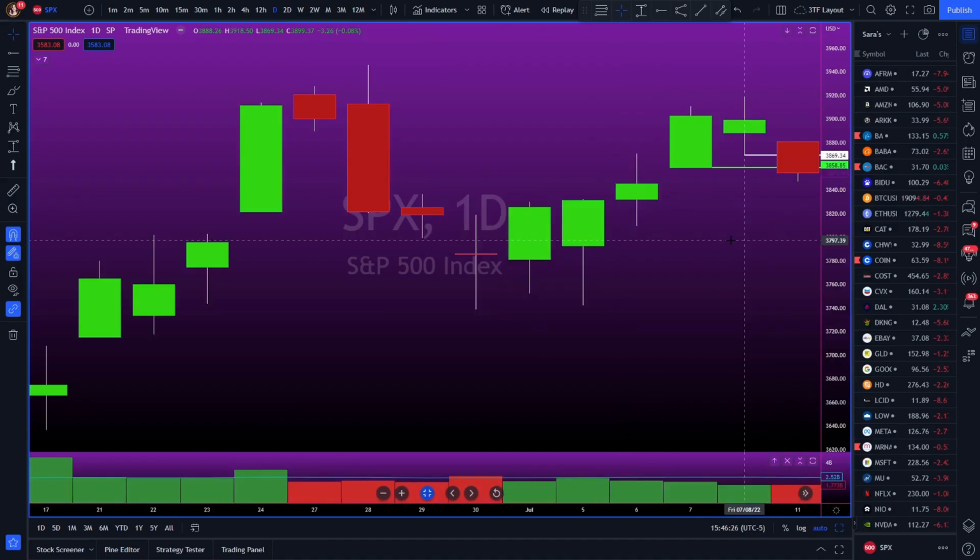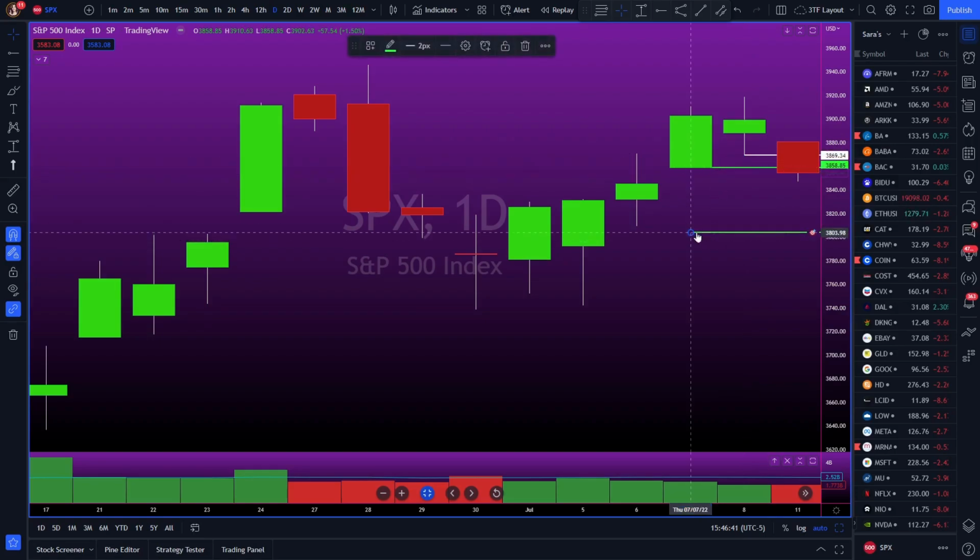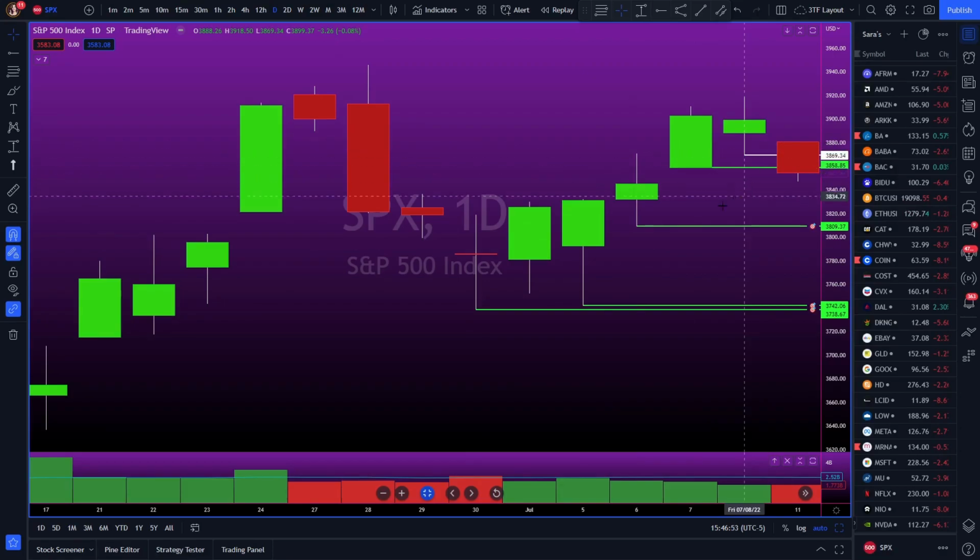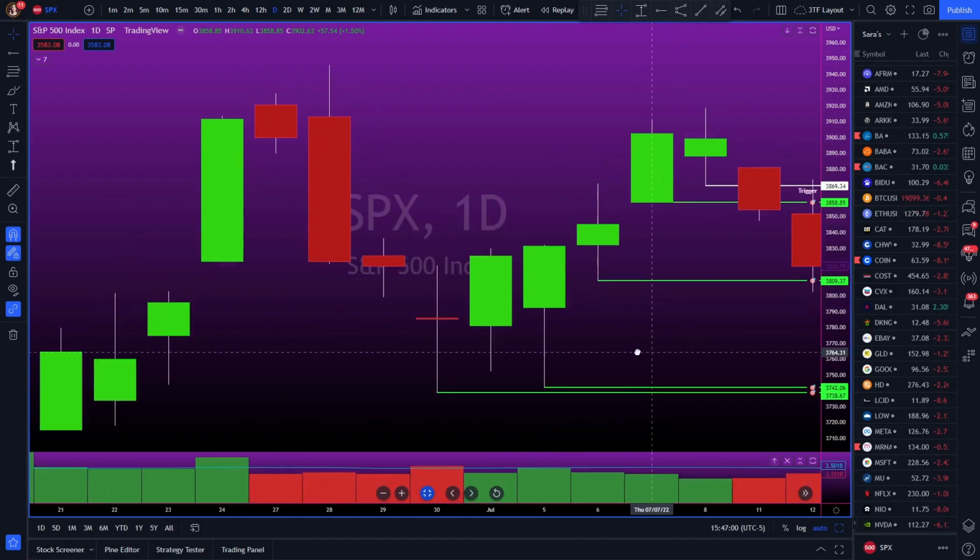Okay, here is a daily example. You had a 2 up followed by a 2 down. Your trigger is right here when this day breaks below the previous day's low. Target 1. Do we expect price to come and take out these pivot lows? Yes, we do. So let's see what happened.